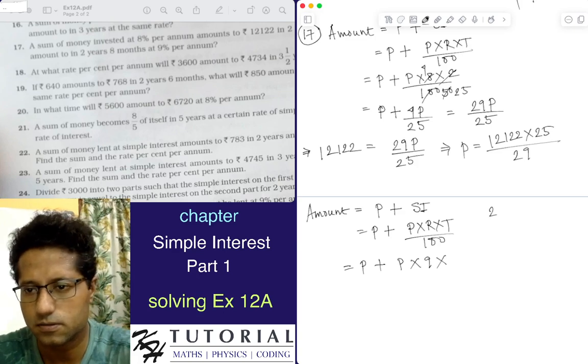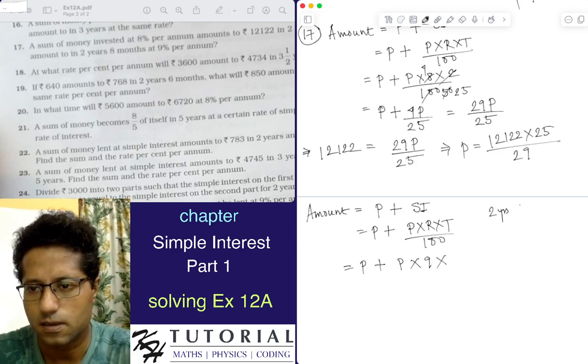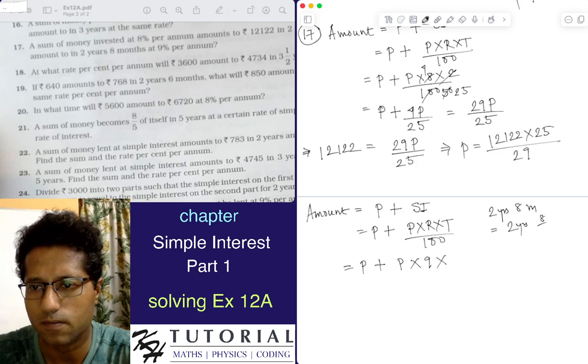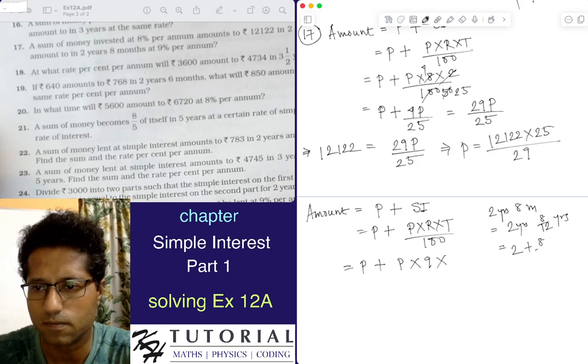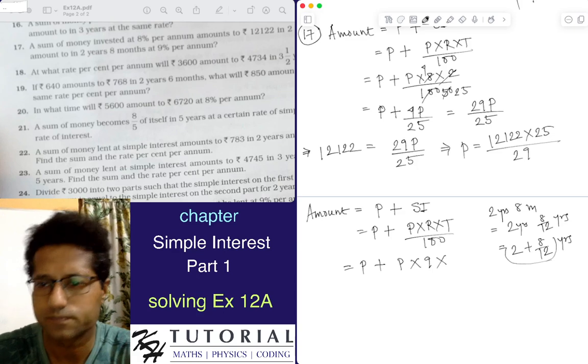2 years 8 months is equal to 2 years plus 8 by 12 years.